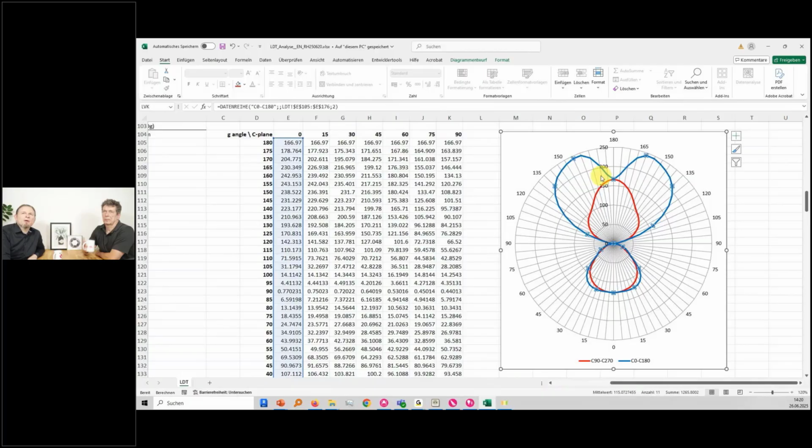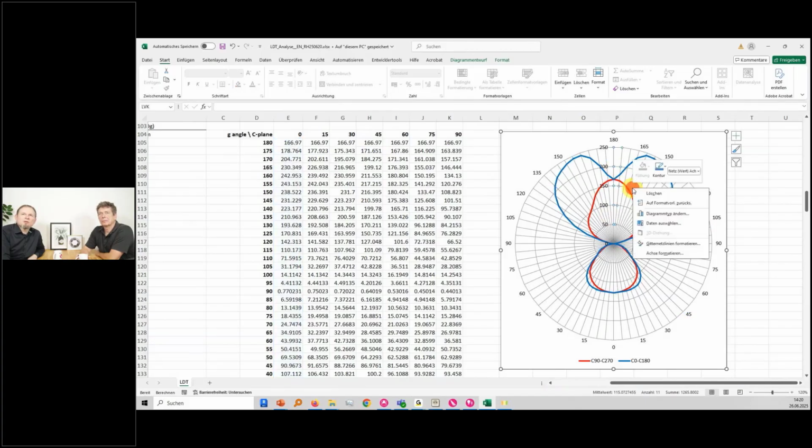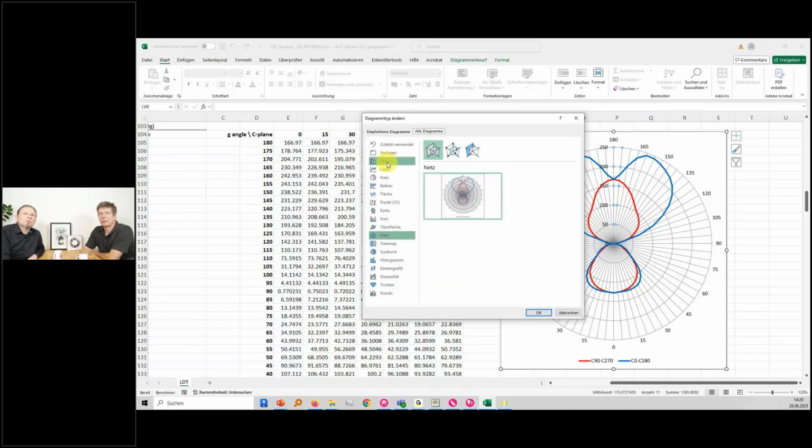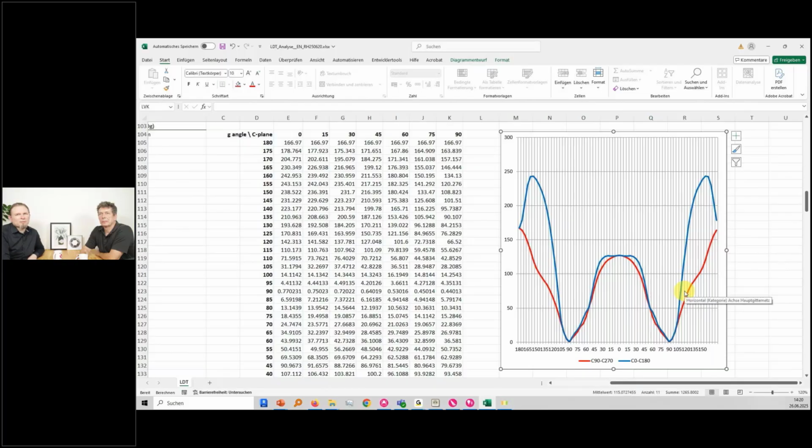So it's an Excel diagram feature, and you can put this table in these diagrams, and then you can see the LDC also. It's also possible here to switch to a Cartesian diagram like this, which was also sometimes used in older times for expressing LDCs.